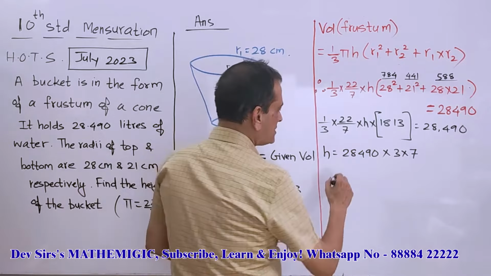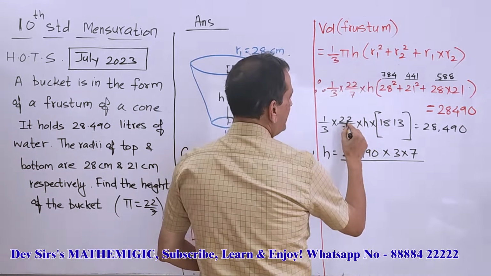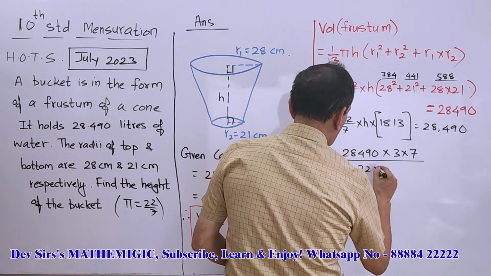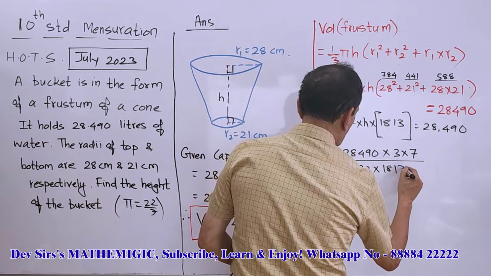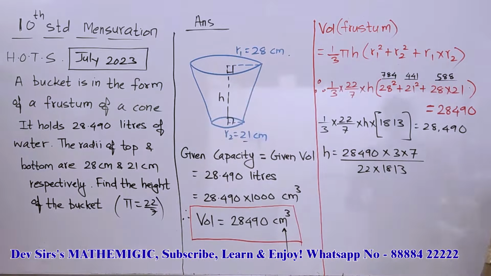And what comes in the denominator? 22 into 1813 goes in the denominator. Okay? So how will you think of calculating now? First thing is just add up this digits: 8 plus 1 is 9, 9 plus 1 is 10, 10 plus 3 is 13.